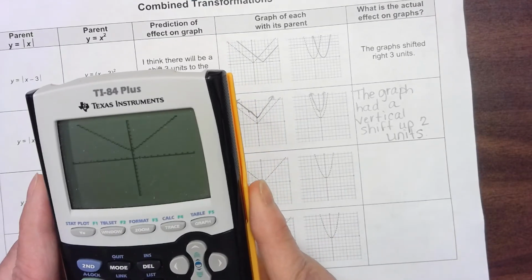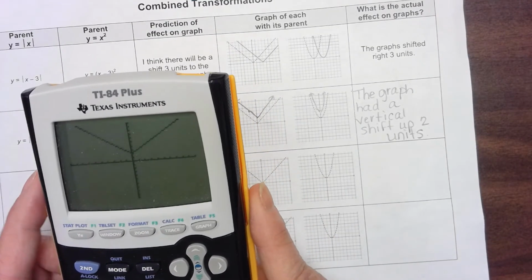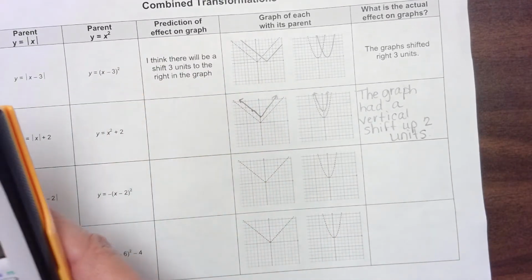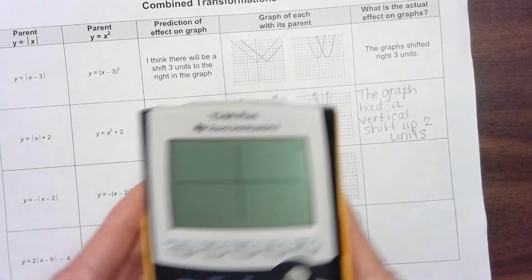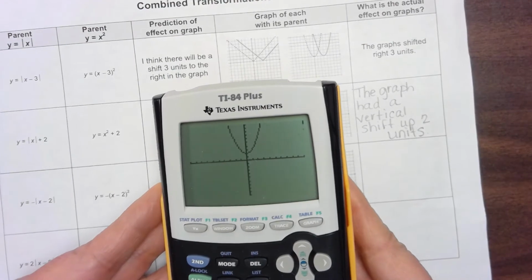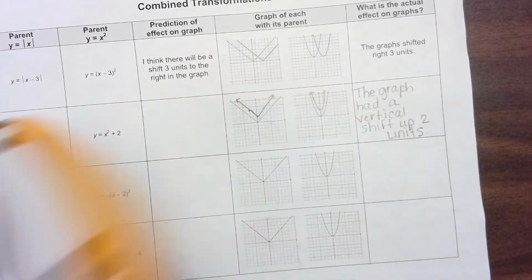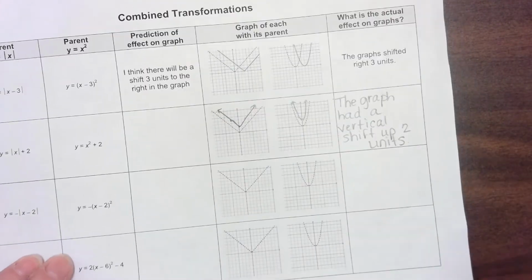Okay, so there's the first one. Yeah, that's exactly what happened, and that's what happened there. So we know that that was a vertical shift. So you're going to complete these transformations doing that.